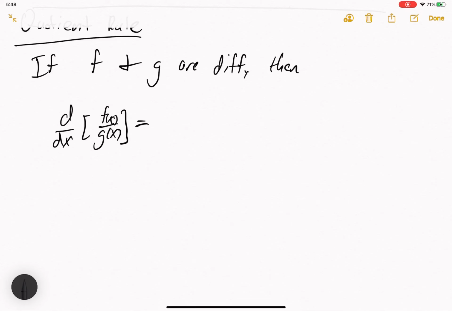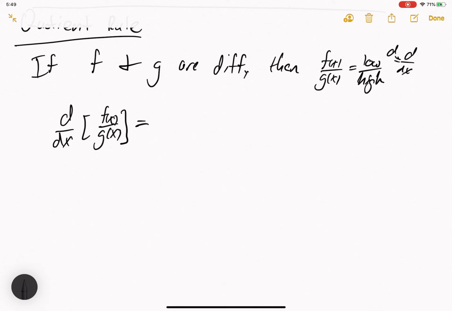What I like to do, as a mnemonic, is say f of x divided by g of x is like low, and I'm going to refer to the bottom as high. And when I say d, that means the derivative. And I'll explain this mnemonic in a second.